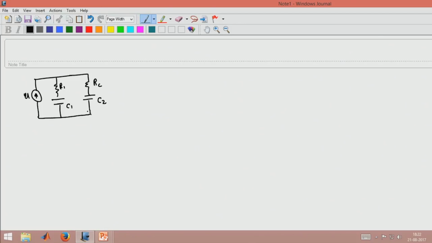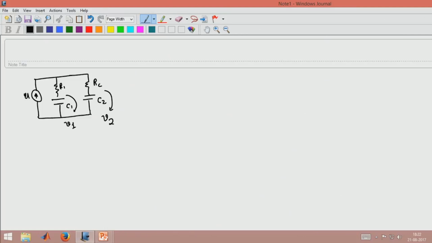So, first, what are the states? If I call the voltages across the capacitors as states, I will call the voltage across the capacitor C1 as V1, and the voltage across the capacitor C2 as V2.